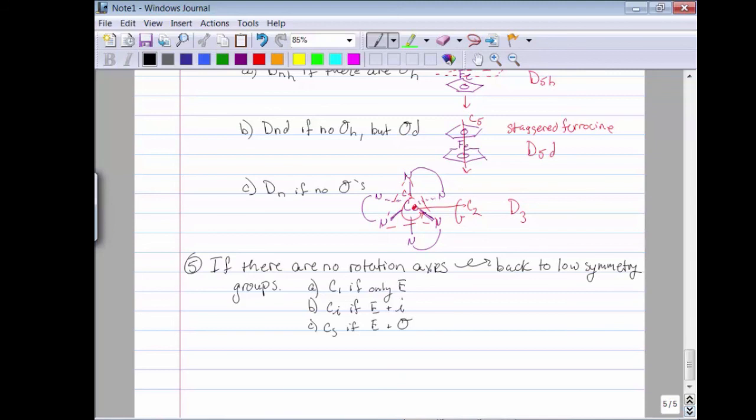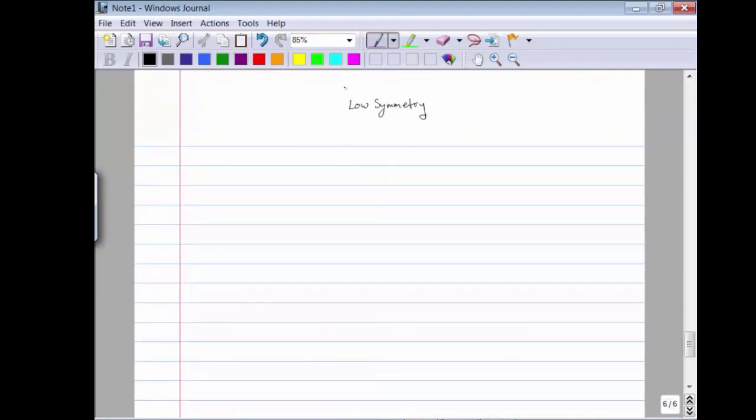So now let me give you one example of that molecule. So for example, this guy, where the fluorines and the oxygen are out of plane with the sulfur. So here's your flow chart. Is it a low symmetry group?